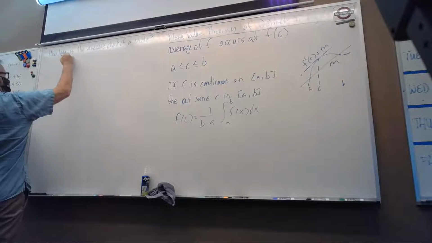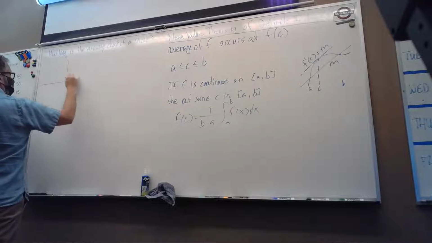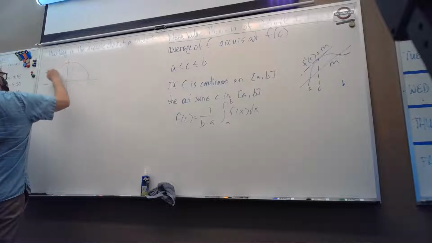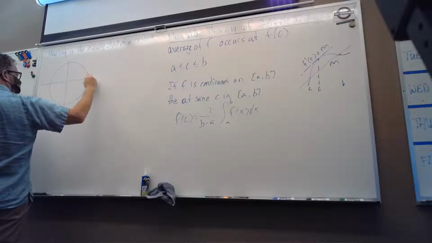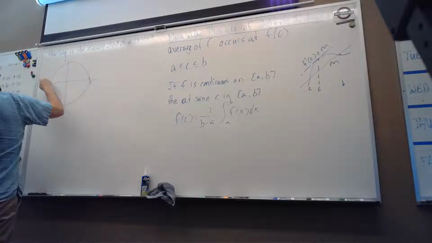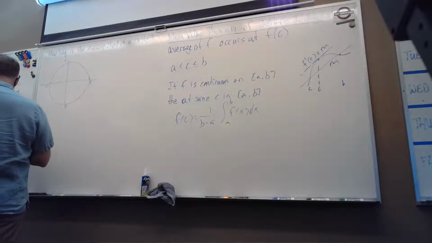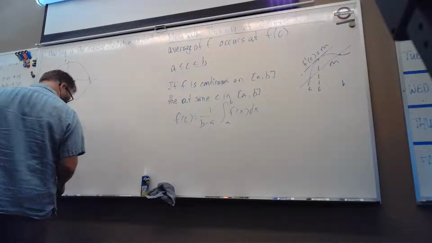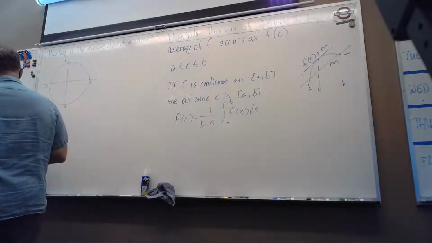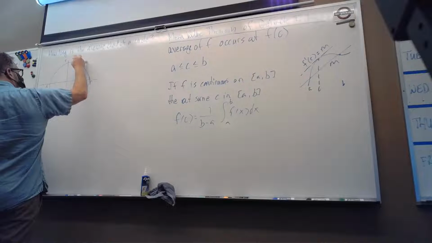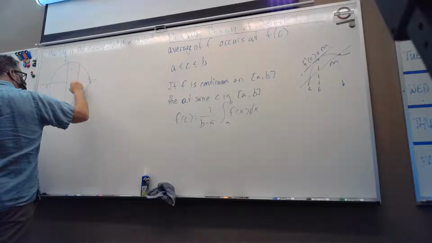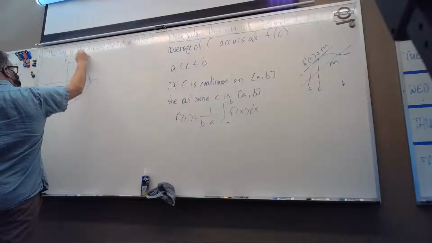So here's what we got. We got a circle of radius r, and that is a chord of the circle.